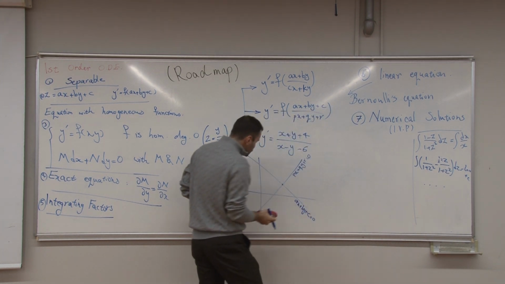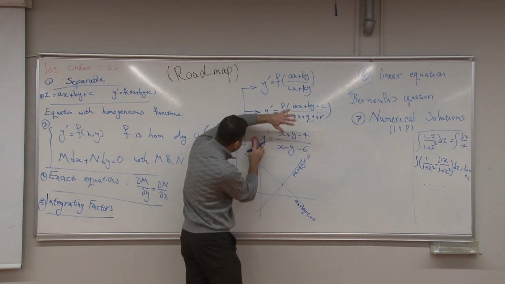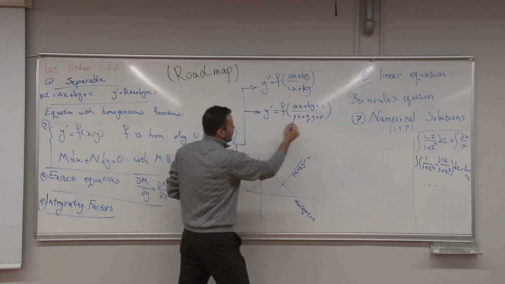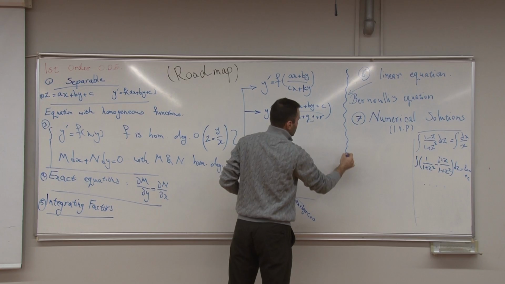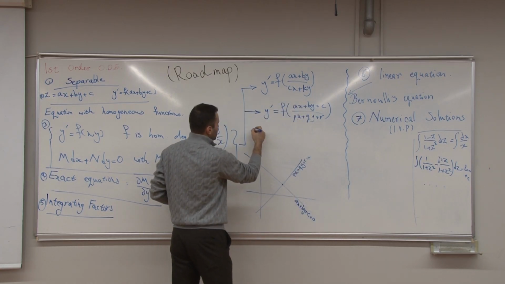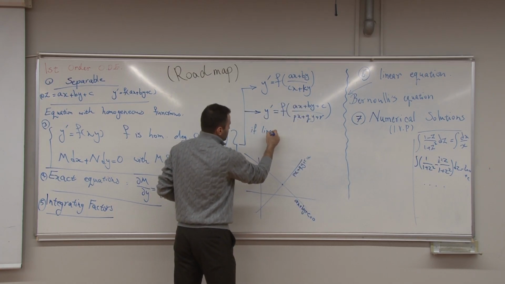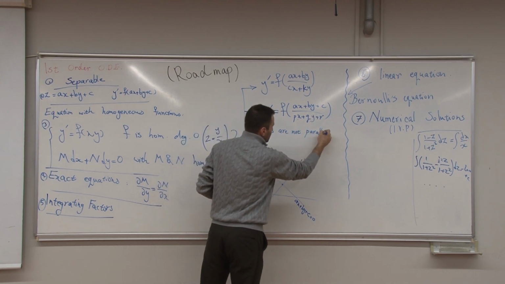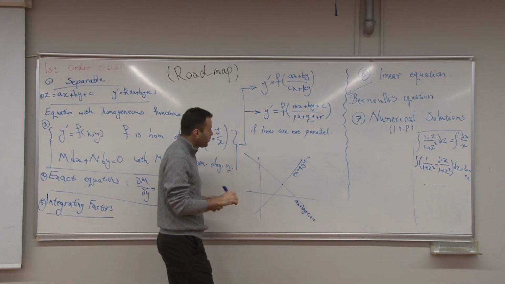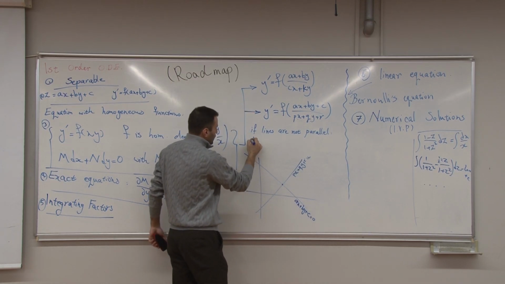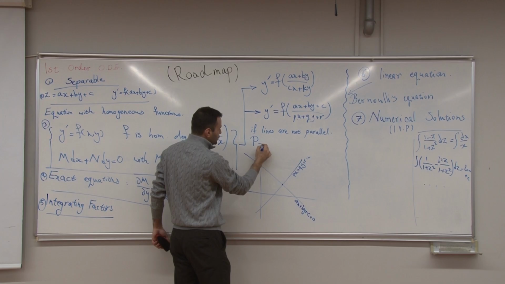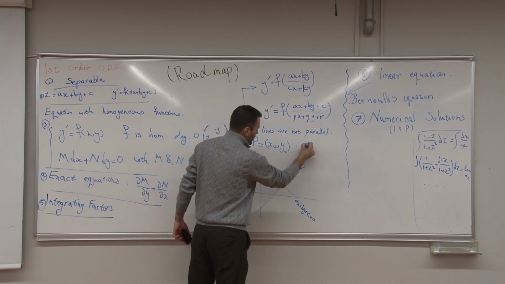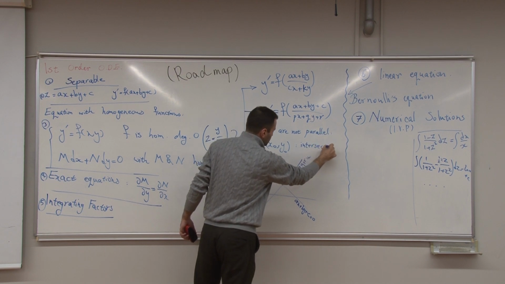Let's assume that. I'm just going to keep this for another time. If lines are not parallel, let's assume that they meet at point P equal to x0, y0. Intersection point.